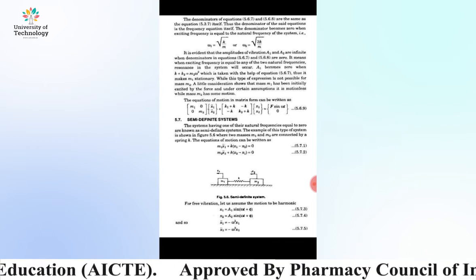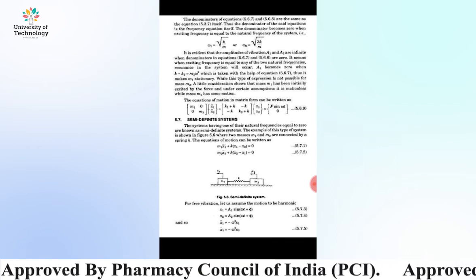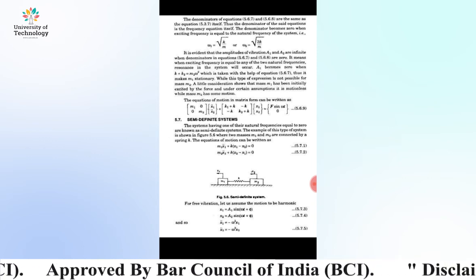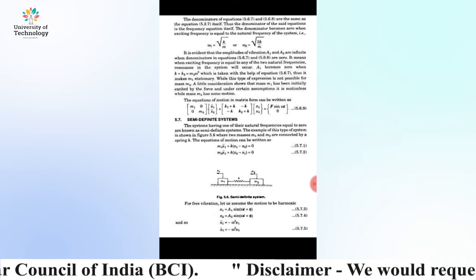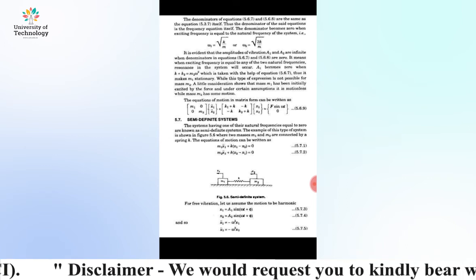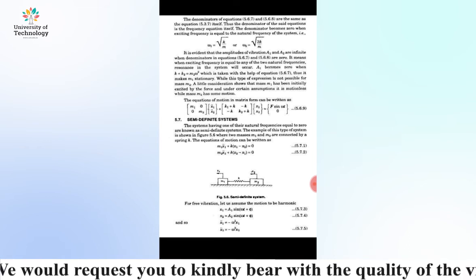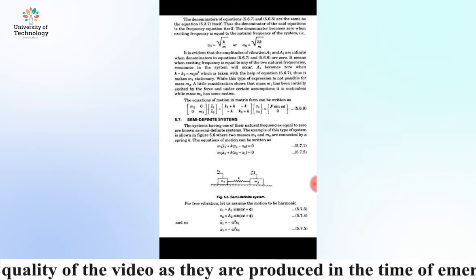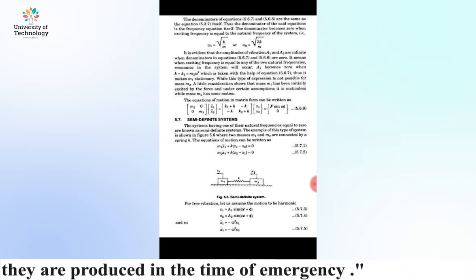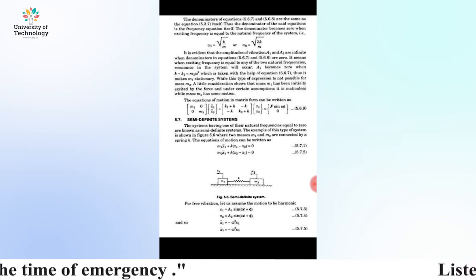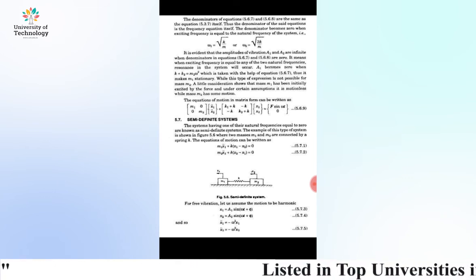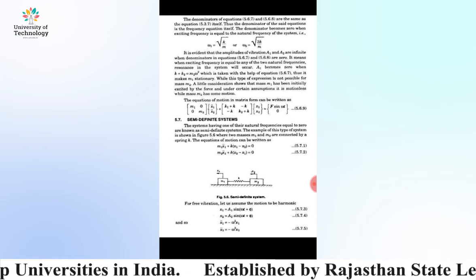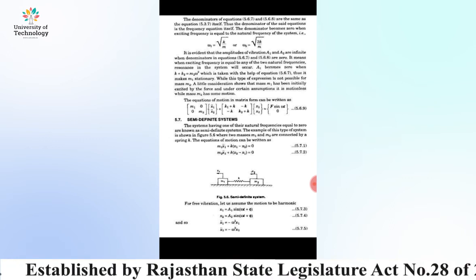In case of free vibration, let us assume the motion to be harmonic, so x1 is equal to a1 sin (omega t plus phi), and x2 is equal to a2 sin (omega t plus phi), where we can find the velocity and acceleration in the form of x1 dot, x1 double dot, x2 dot and x2 double dot.